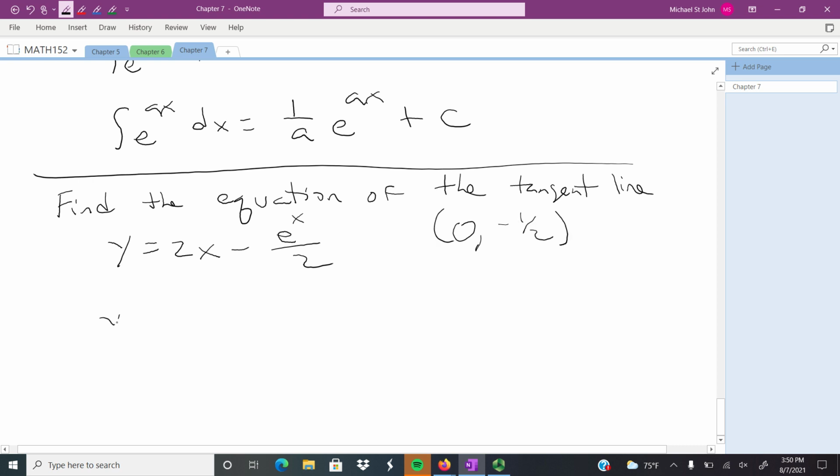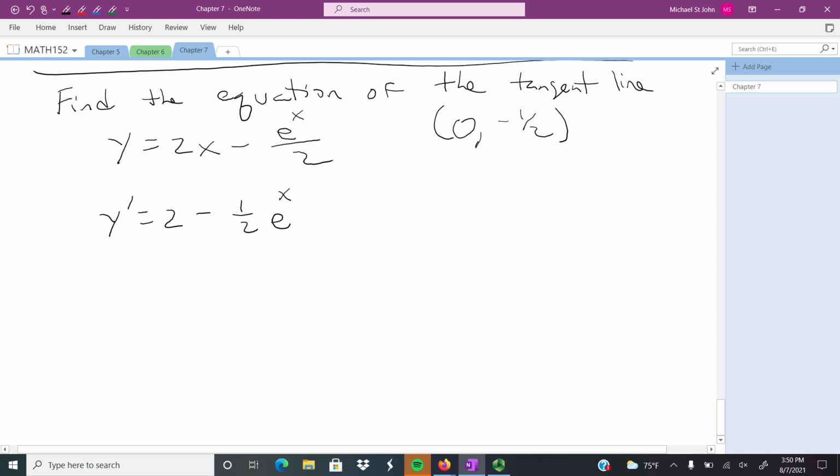So my derivative, y prime, is going to be 2 minus 1/2 e to the x. And now we can use that point to get the slope at that point. And so this is going to be 2 minus 1/2 e to the 0. E to the 0 is 1, so 2 minus 1/2 is going to give us 3/2. So there's my slope.